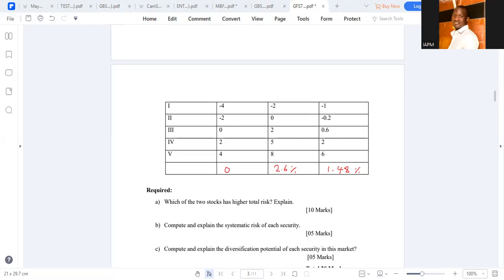So after finding this from each of these, we're going to subtract 2.6. And you square the answer, right? Minus 2.6, you square the answer.